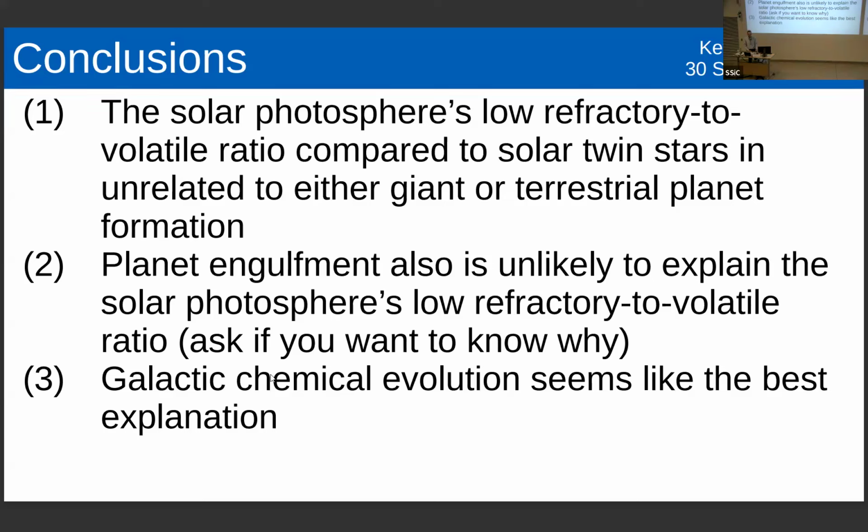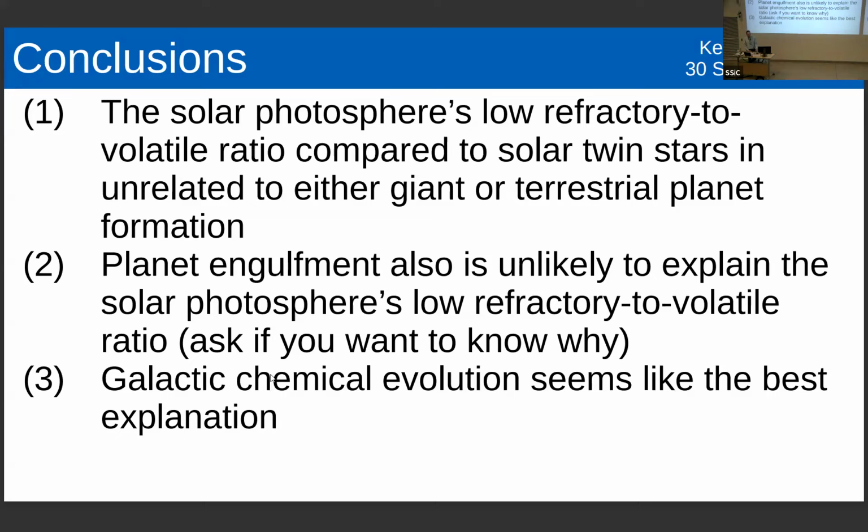There's a bigger space in the disk. So what you want to look for is giant planets that are farther out that would prevent the refractories from falling into the star. Those might actually be hidden in this population of stars that do not have detected giant planets. Have you considered that?